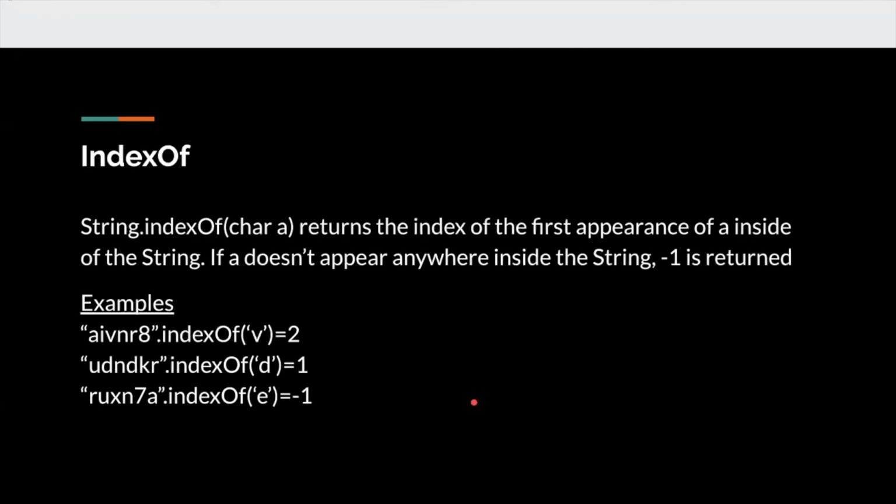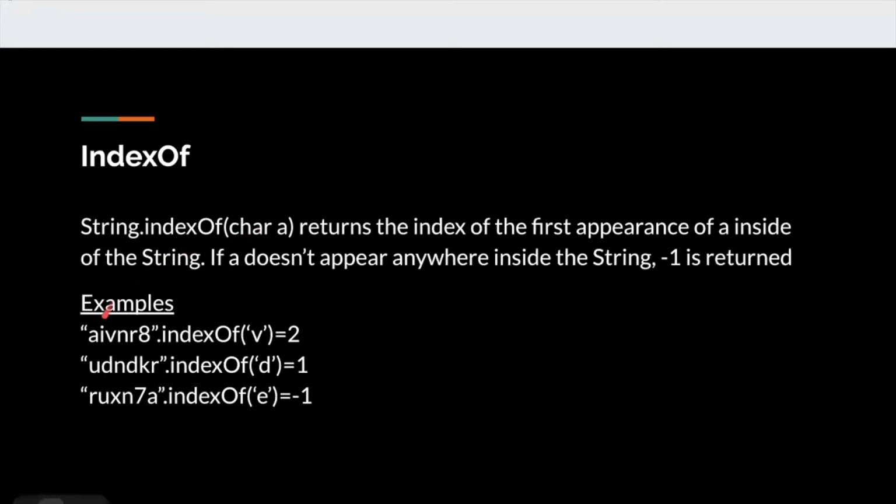So that's substring, and now indexOf. string.indexOf(char A) returns the index of the first appearance of A inside of the string. If A doesn't appear anywhere inside the string, -1 is returned.